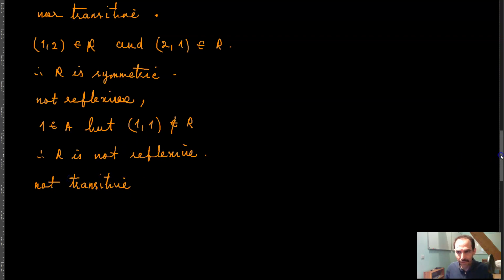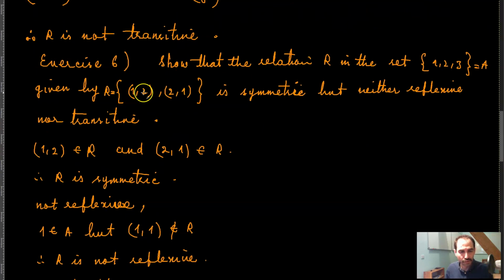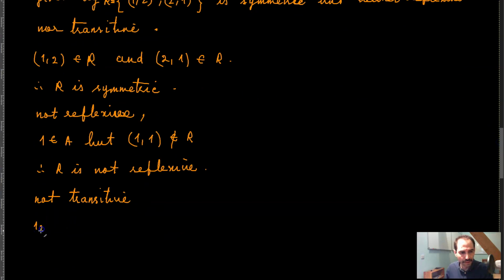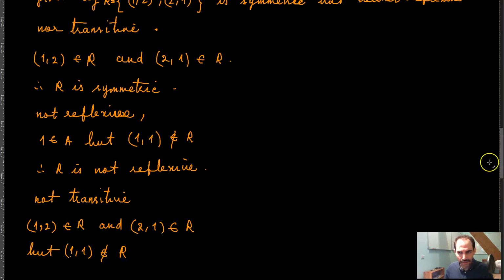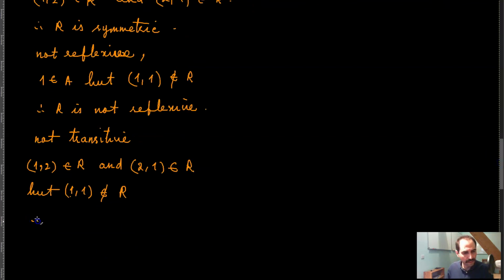You can argue that, for example, (1, 2) belongs to R, and (2, 1) does belong to R, but (1, 1) does not belong to R, which means that R is not transitive.